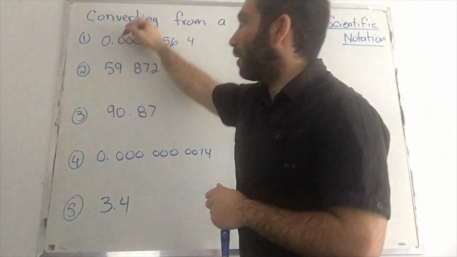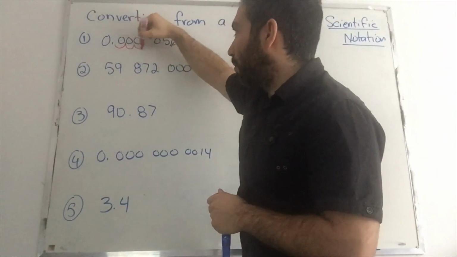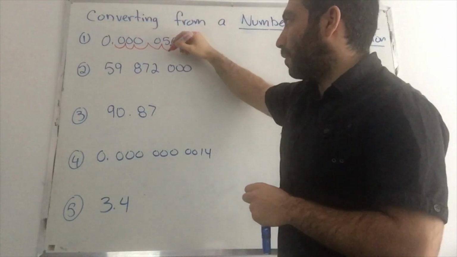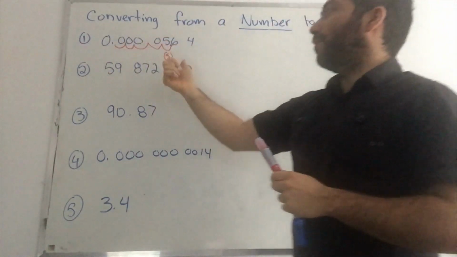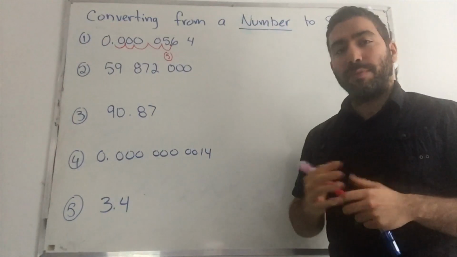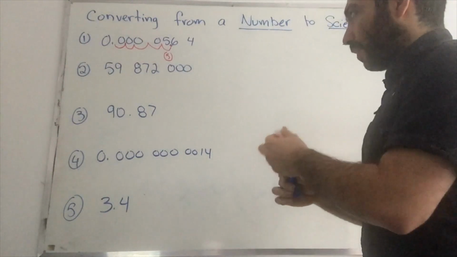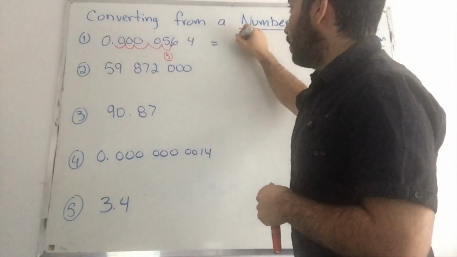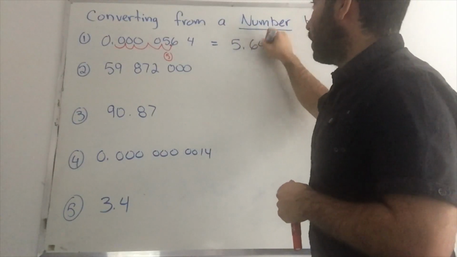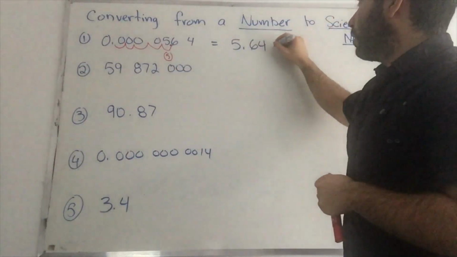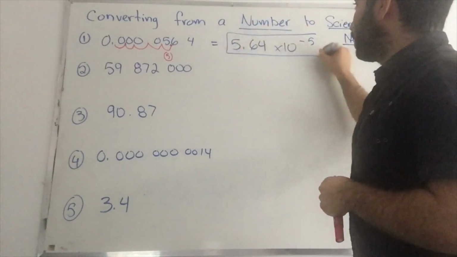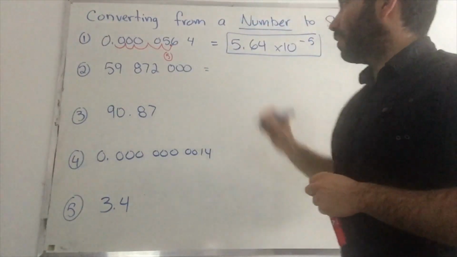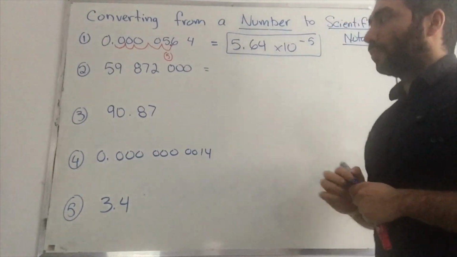Well, we're moving to the right 1, 2, 3, 4, 5 times. Since we moved to the right and we moved 5 times, we know the exponent is going to be a negative number. So this gives us 5.64 times 10 to the negative 5. Okay. That's done.